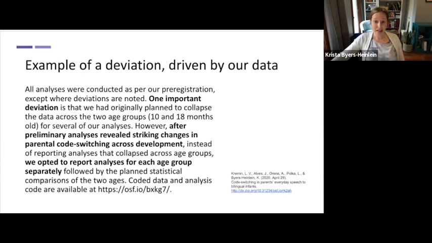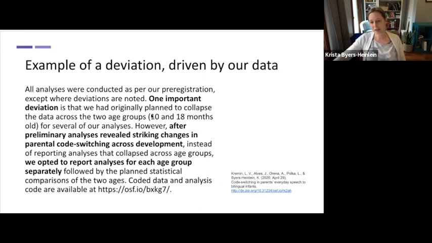And as an example of a deviation that we had in one manuscript, this was really driven by our data. And it again, to say that your pre-registration doesn't limit what you do, but it just makes it clear what you plan to do. And it doesn't prevent you from, once you see the data, sometimes making a different decision or reporting data two different ways, the way you pre-registered and a different way.